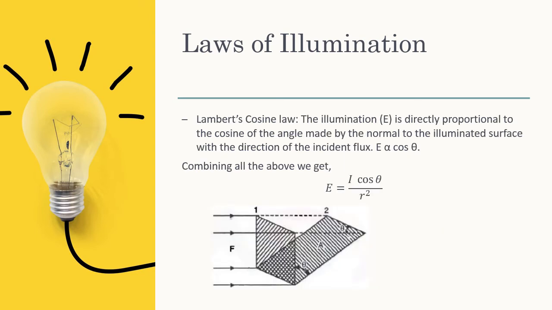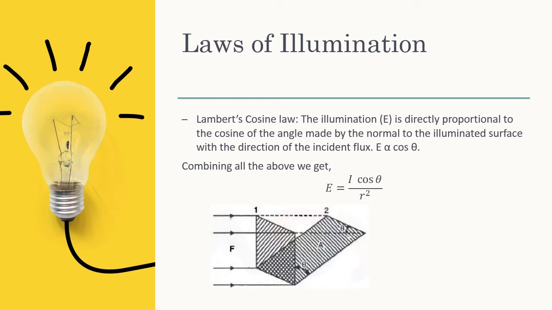And the third law of illumination is Lambert's cosine law. In Lambert's cosine law, the illumination E is directly proportional to the cosine of the angle made by the normal to the illuminated surface with the direction of the incident flux. That means here one surface is here, when the light source falls on the surface.